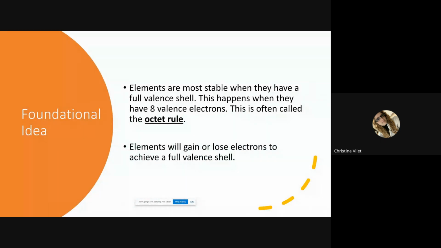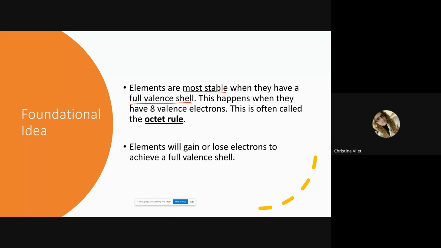So this is a foundational idea we're going to be working off of throughout many of the topics of today's lesson, and so you need to write it down, and I'm going to fill in a little bit more information after this. Elements are defined as most stable, meaning most unreactive, when they have what we call a full valence shell.